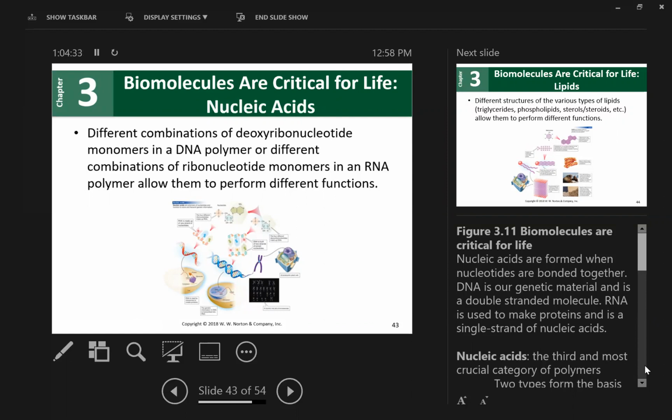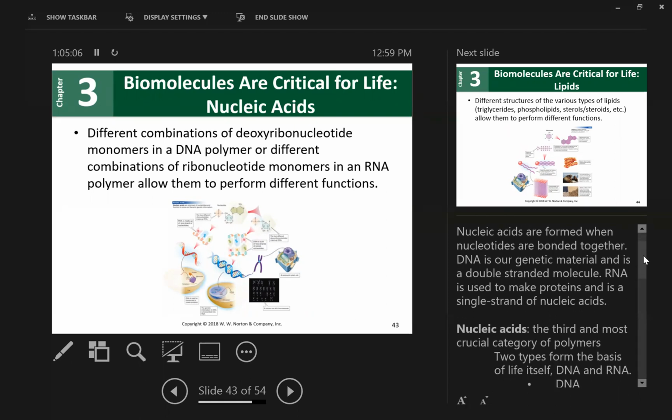These are really important when we start talking about genetics and how these nucleic acids are forming together. So don't get too stuck on them for right now, but you need to understand that when we start talking about DNA and passing on DNA, how these nucleic acids line up is going to be extremely important for how genetic material is passed on.